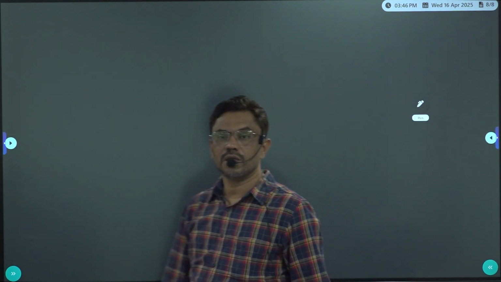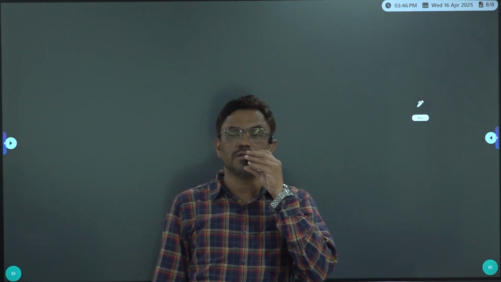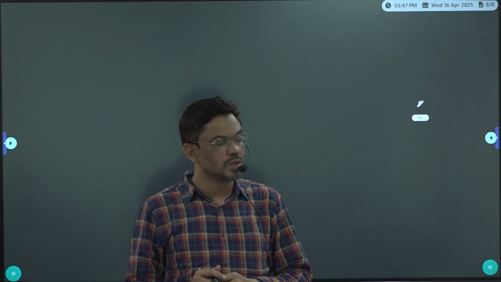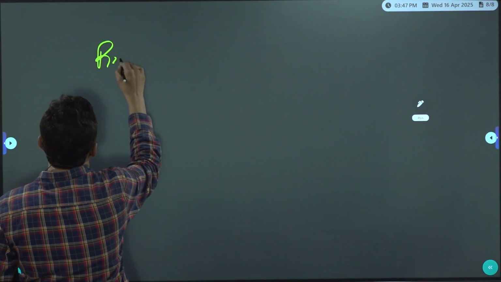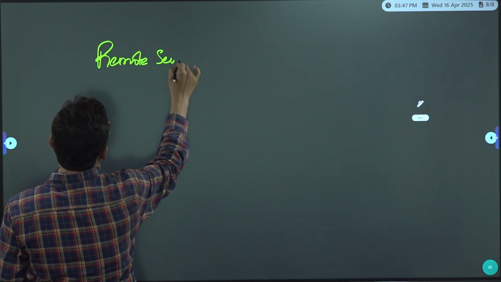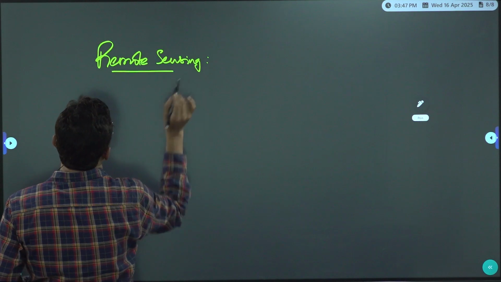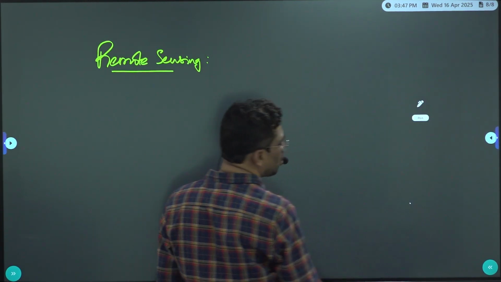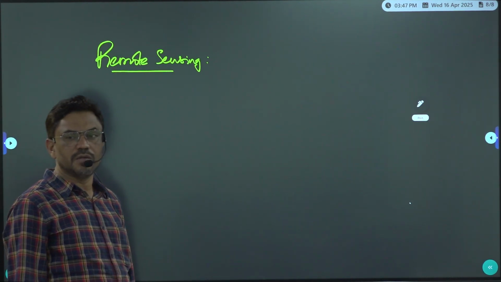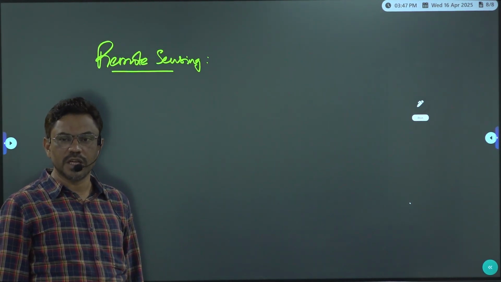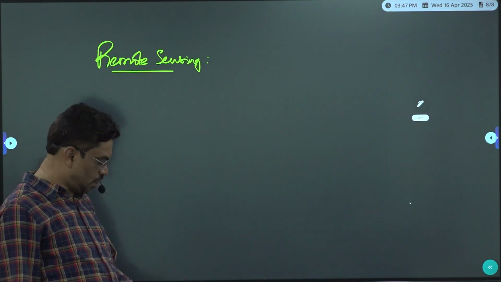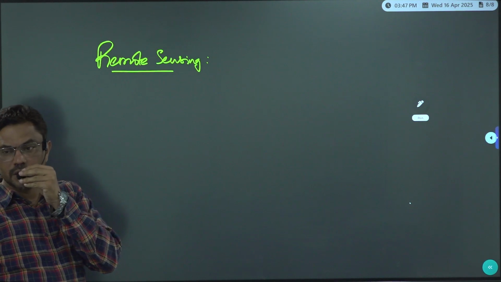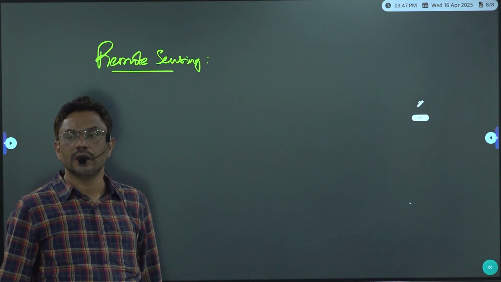Remote sensing means acquisition of information of an object without making any physical contact with the object.